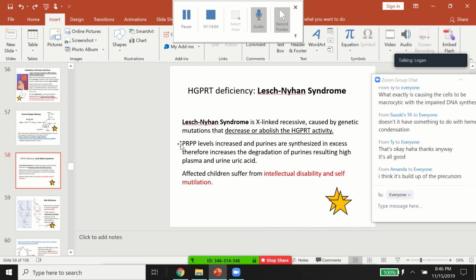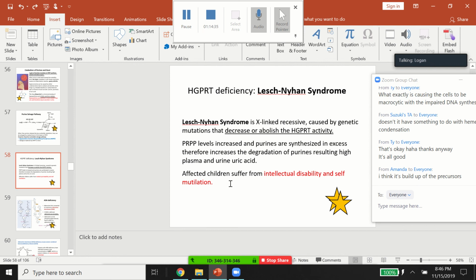So you're going to have increased PRPP levels and purine synthesis in excess, therefore increased degradation of purines. Because you're not able to reuse them, you have high plasma and urine uric acid, that last thing we just talked about with gout.